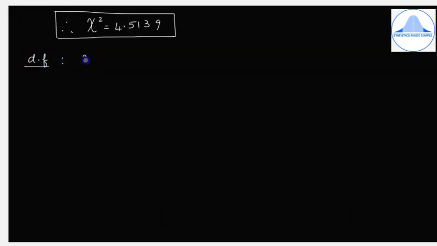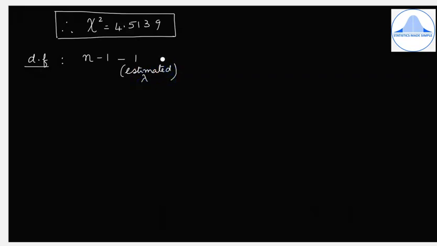So the actual degrees of freedom is n minus 1, but because we were not given the value of lambda and we estimated lambda as x bar, we have to subtract 1 degree of freedom. So this is because we estimated lambda.